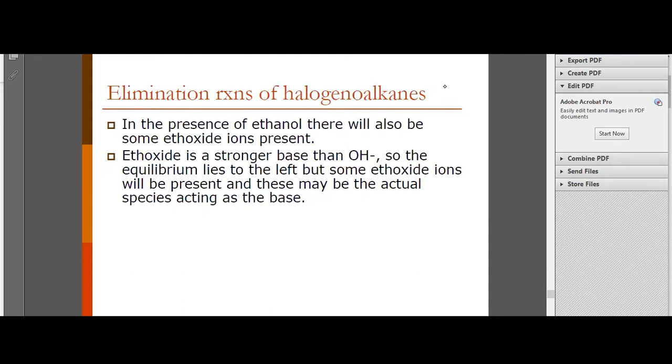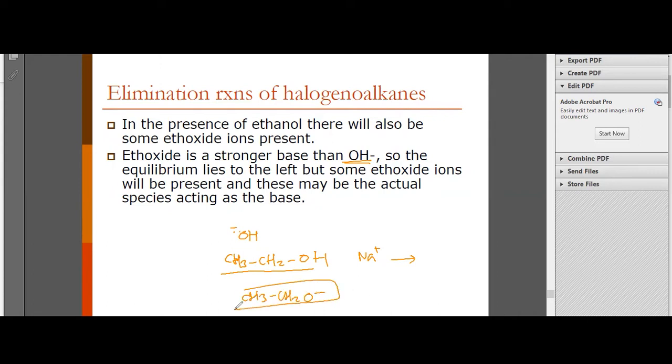Once again, in the presence of ethanol, there will also be some ethoxide ions present. Ethoxide is a stronger base than OH minus, so the equilibrium lies to the left. But some ethoxide ions will be present, and this may be the actual species acting as a base. So OH minus with, let's say, CH3CH2OH, and you can see there is Na from NaOH, so it can form CH3CH2O minus.